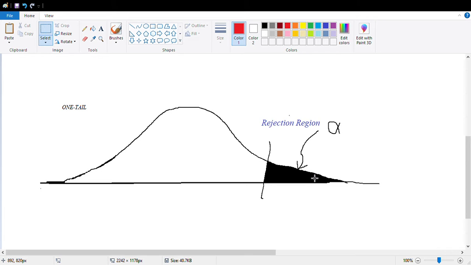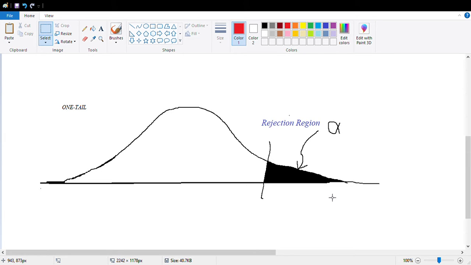And if we have the given alpha, or the significance level, then that simply means that the significance level is the rejection region area, or the area of the rejection region.